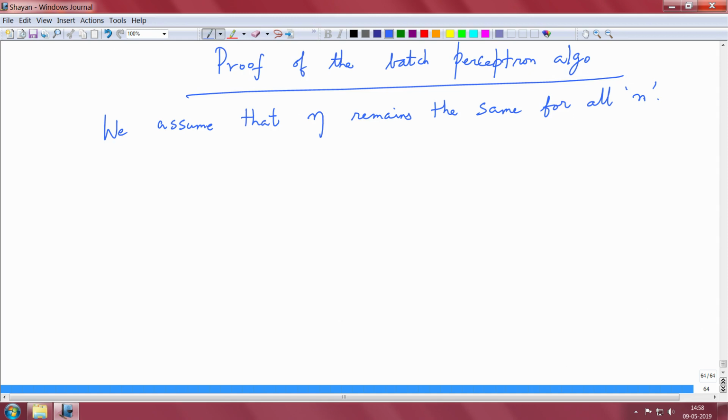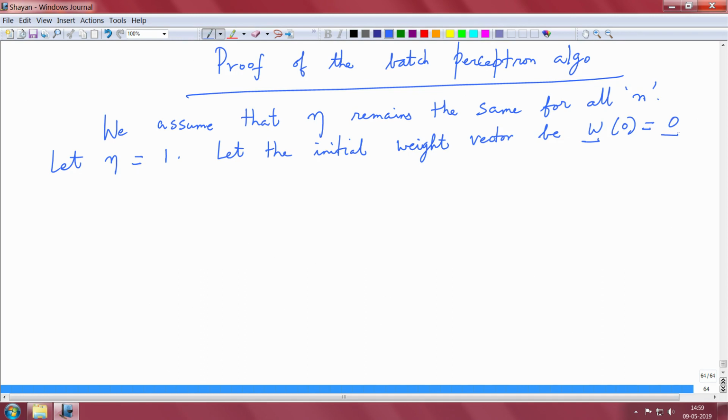Now, let us assume that this eta equals n, like what we did last time. Let the initial weight vector be W0, which is the all 0 vector.